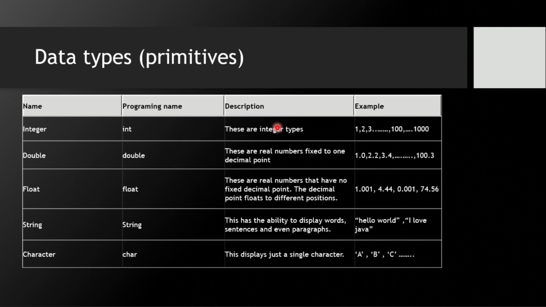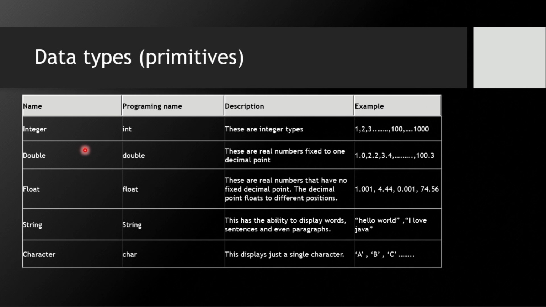So an integer is basically a whole number like 1, 2, 3. The same concept in mathematics is the same concept here. You can declare as many integers as you like.